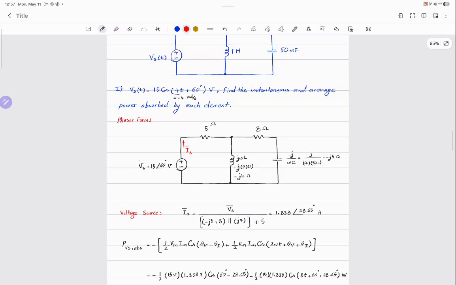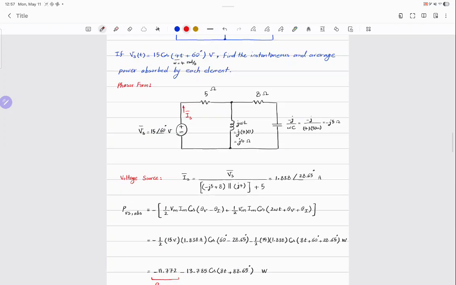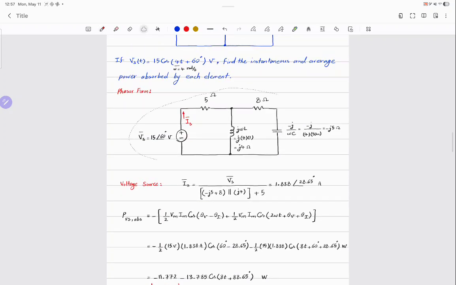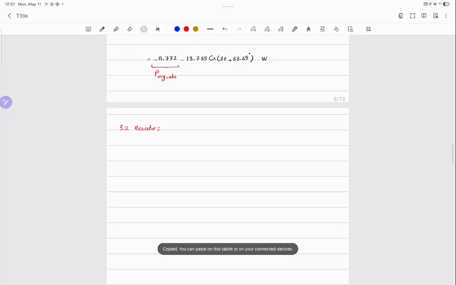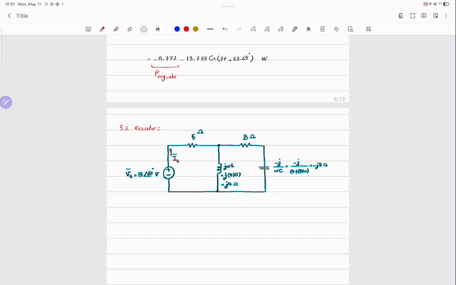Okay, what is the next element? Resistor. Do I need both voltage and current or just one of them? Yes, just one of them.